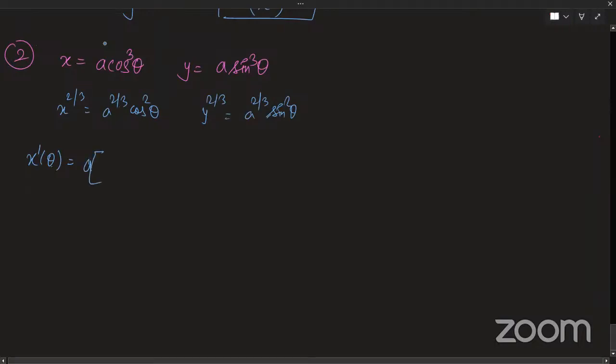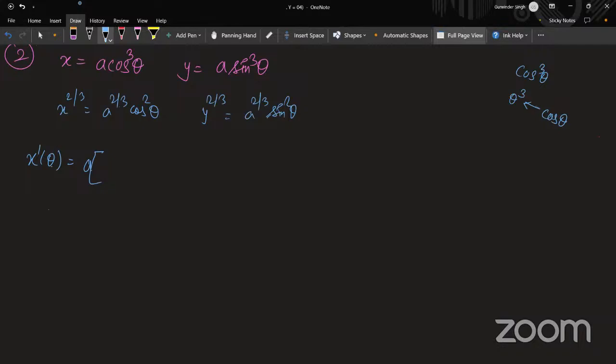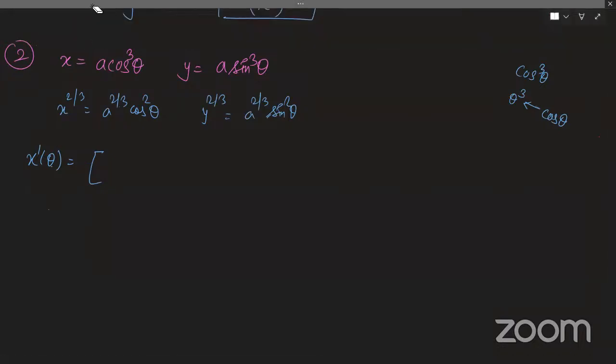You have got cos cube theta. Which function is inside which function? You have got cos cube theta. Cos theta is inserted in the x cube. Or you can call it theta cube now because you are differentiating with respect to theta. I'm asking you to differentiate with respect to theta, so now everything will be in terms of theta.